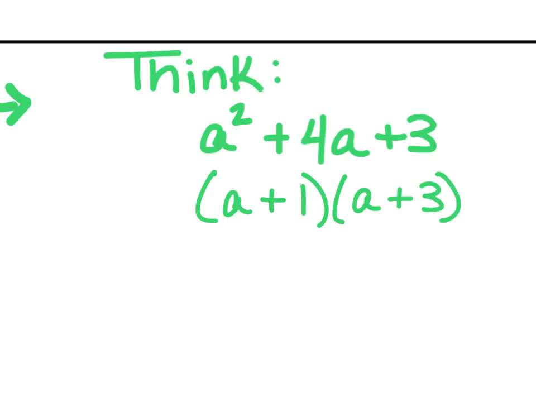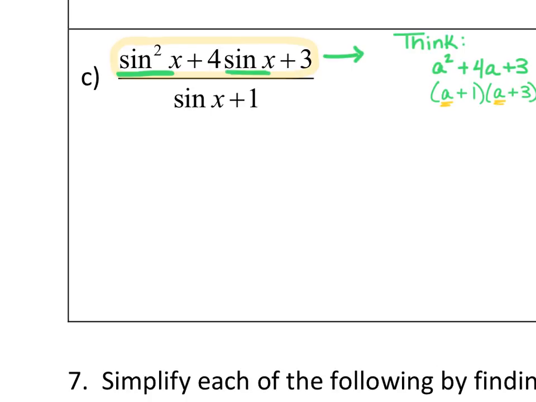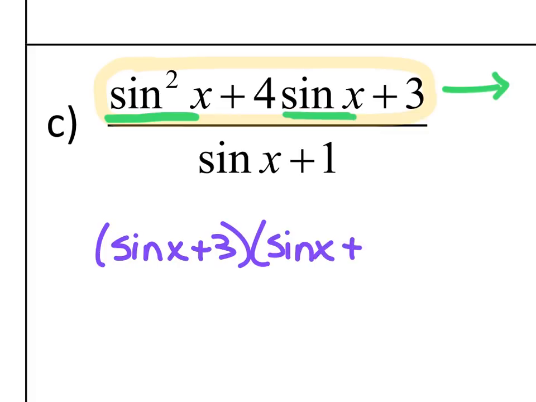And the a's, remember, I had used to replace sine. And so to actually factor the numerator here, I'm going to rewrite the numerator as sine of x plus 3 times sine of x plus 1, instead of a plus 3 and a plus 1.